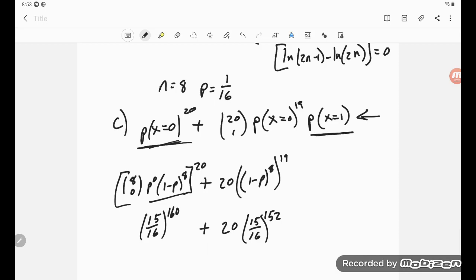And then we have the probability x equals 1, and that is 8 choose 1 times p times 1 minus p to the 7th.